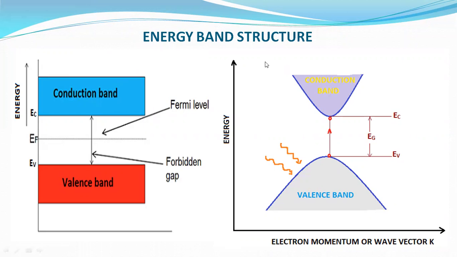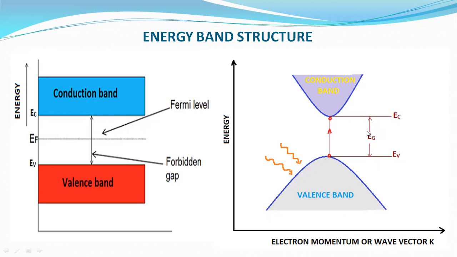The conduction band has a parabolic shape, and the valence band is also some parabolic shape, and the difference between the valence band maxima and conduction band minima is Eg. The actual shape should be parabolic, with electron momentum or wave vector along the x-axis and energy along the y-axis.